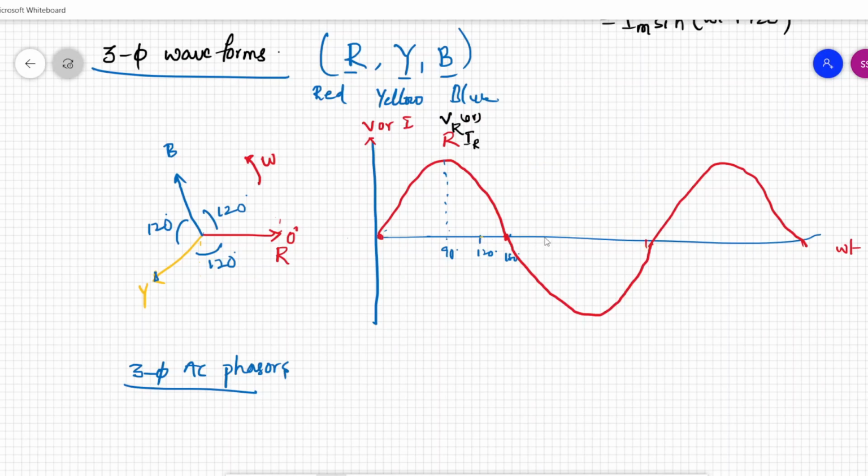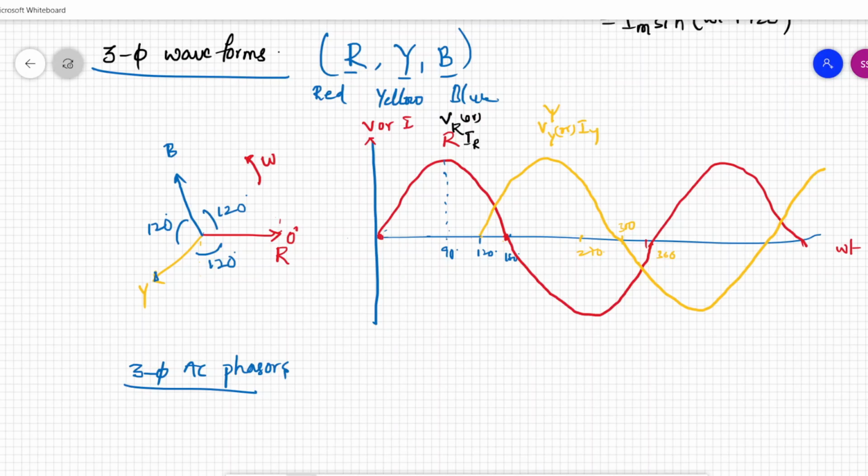This is 180, this is 270, this is 300, this is 360. Y phase can be VY or IY.